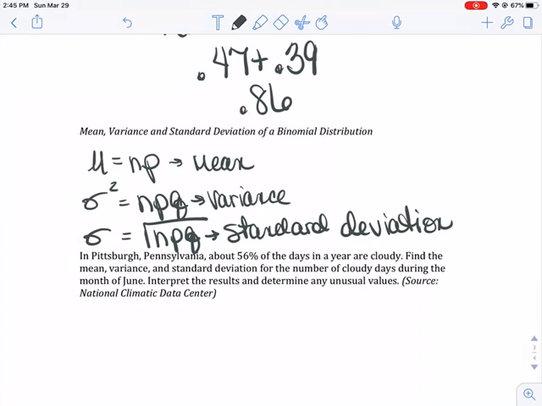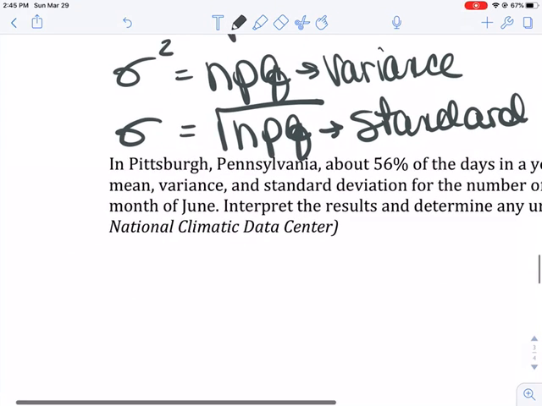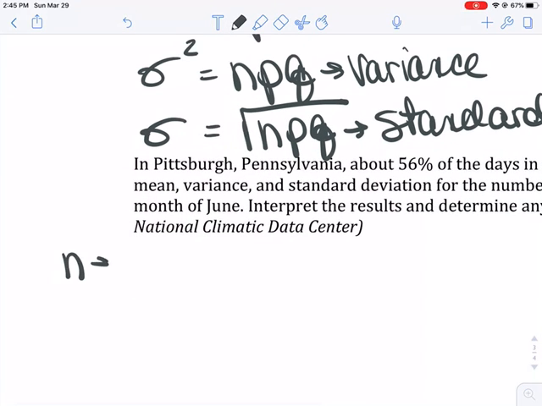So in Pittsburgh, PA, about 56% of the days in a year are cloudy. Find the mean, variance, and standard deviation for the number of cloudy days during the month of June. Interpret your results and determine if any of them are unusual. All right, so let's talk about how we're going to do this. So let's talk about mean. Again, before we do anything, let's do n.